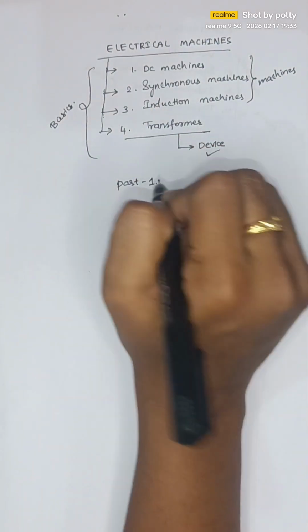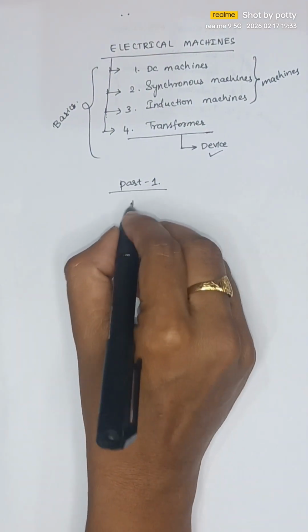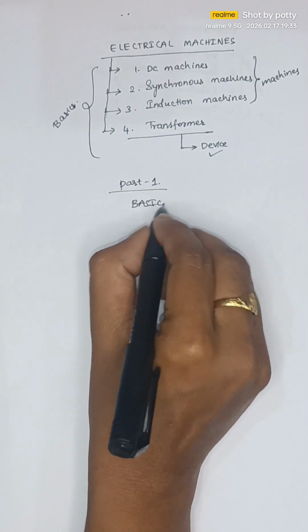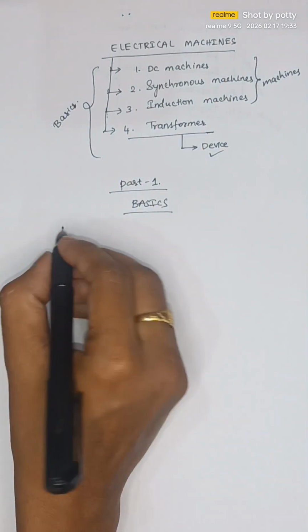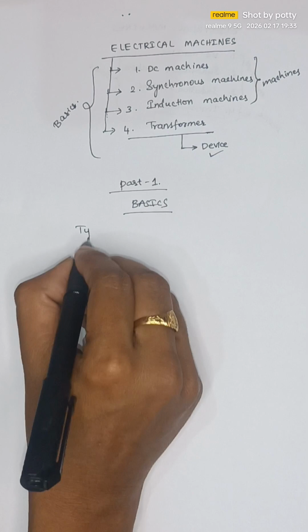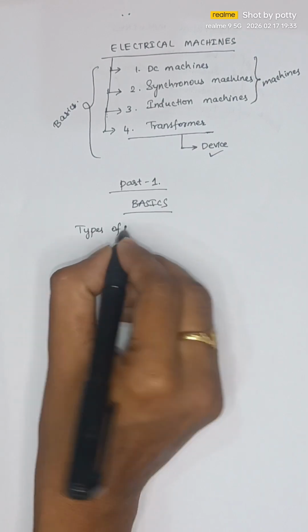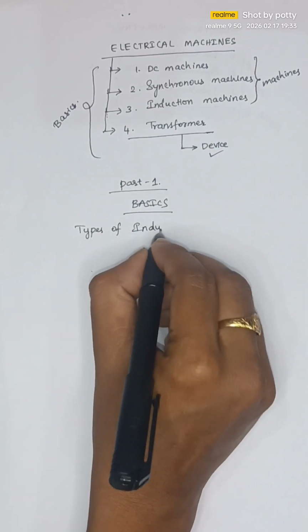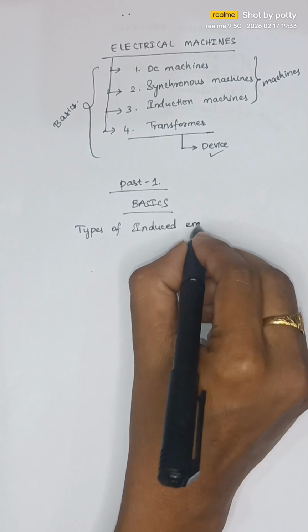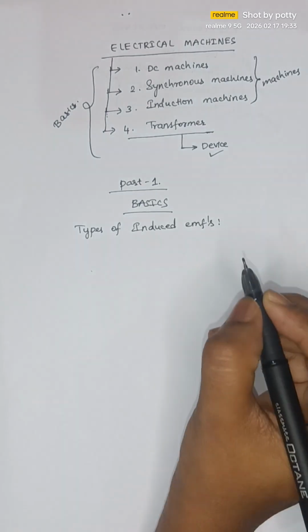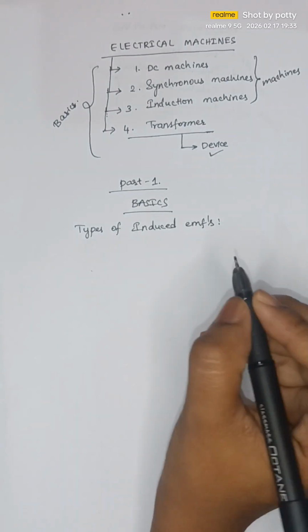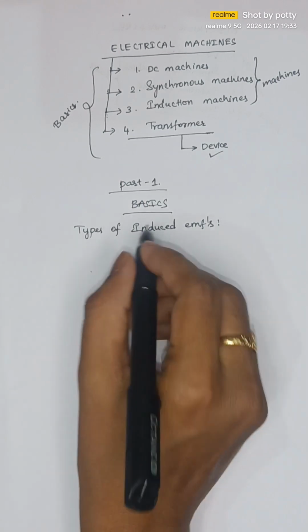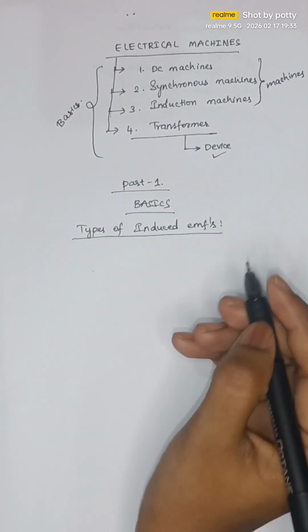In the basics part, first we are going to learn the types of induced EMFs. In the first lecture, the basics lecture, we are going to learn about the types of induced EMF.